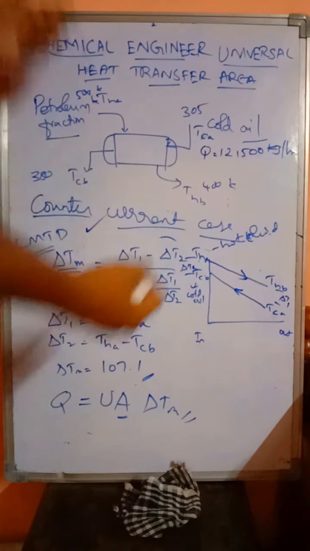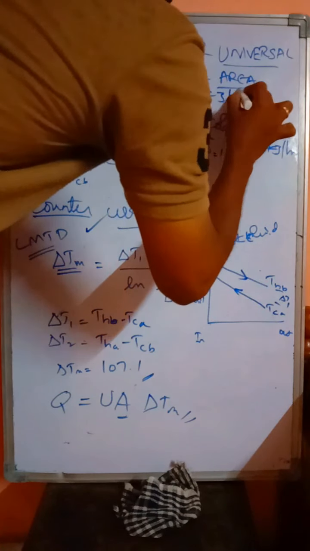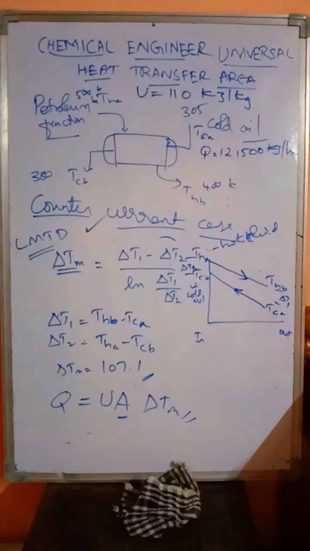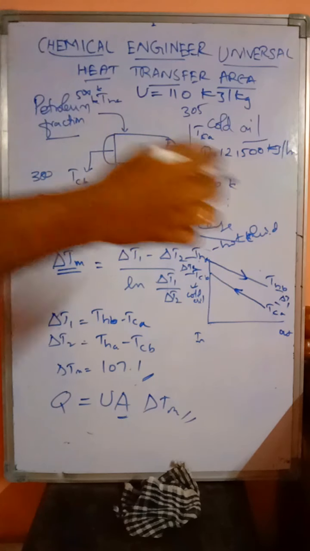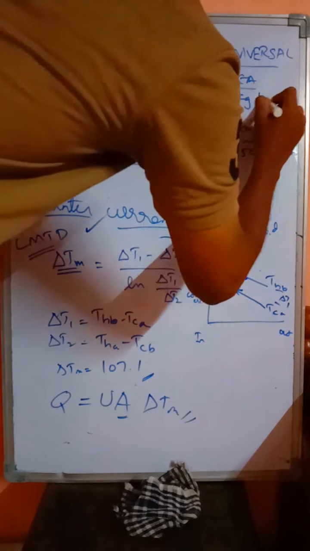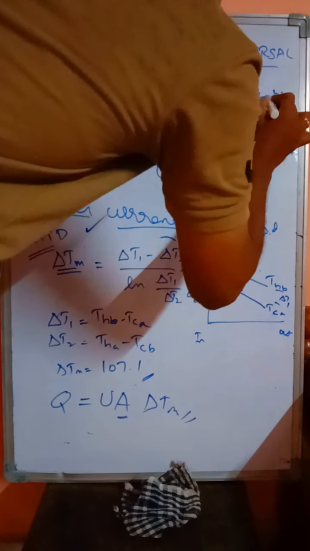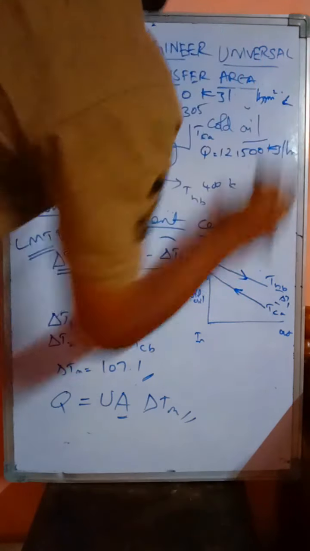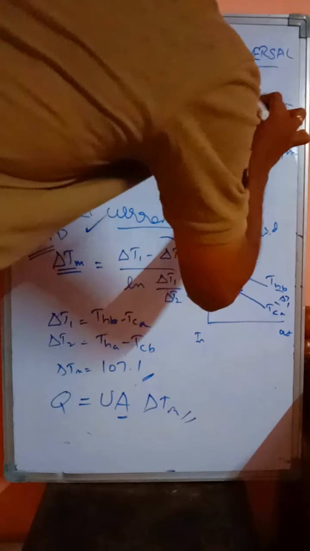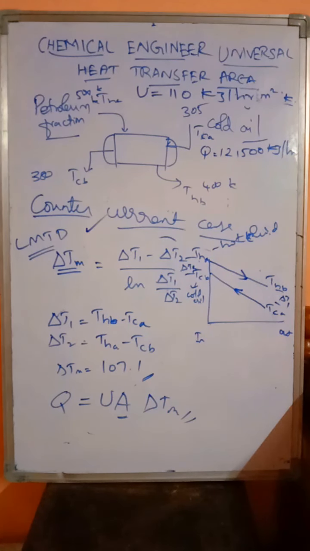For this case, the available U value is 110 kilojoule per hour meter square degree Kelvin. So this is the value.